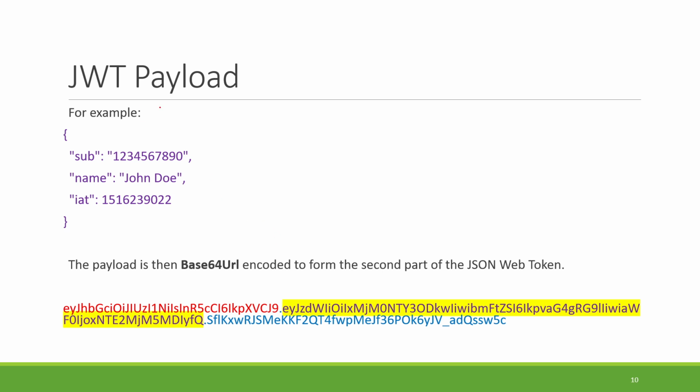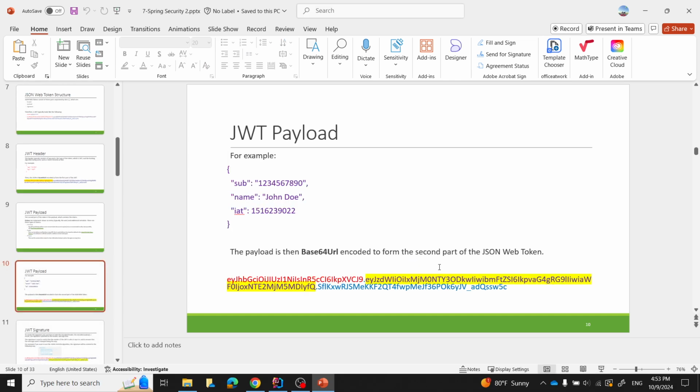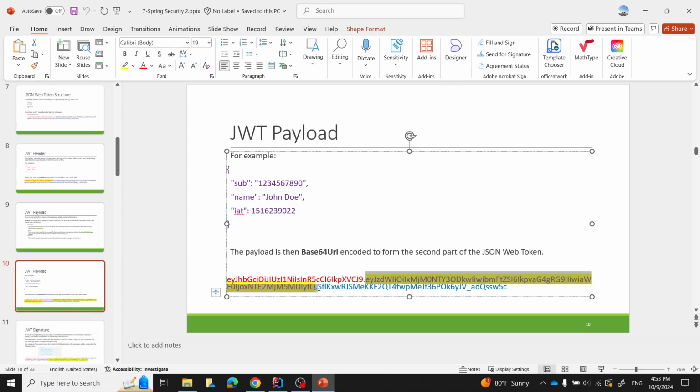And see here, in the payload, we will have a subject. You will have a name, that's the information I want to share. This is the issue date and time. Probably you also need to set the expire time. And this payload is also Base64 encoded. And this yellow string, you can also decode it. Let me show you this part. So this part, we are not trying to hide.